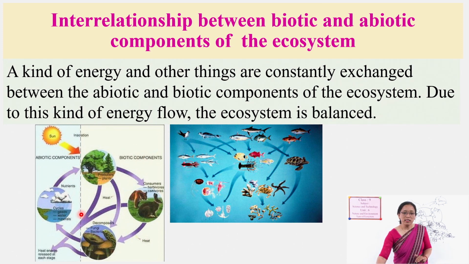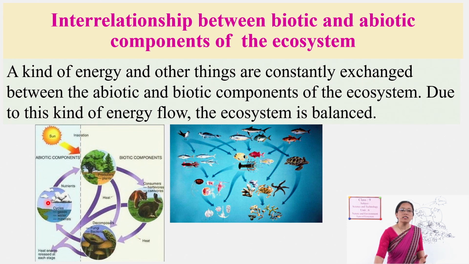Can you see? Here the main source of energy is the sun. Sun is providing solar energy in the form of heat and light. In the presence of heat and light, plant is preparing the food. That is called producer. And it is providing food to the consumers. And when these consumers and producers die, decomposers will decompose them and it will mix into the soil.